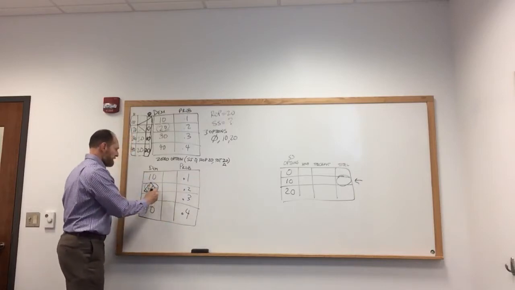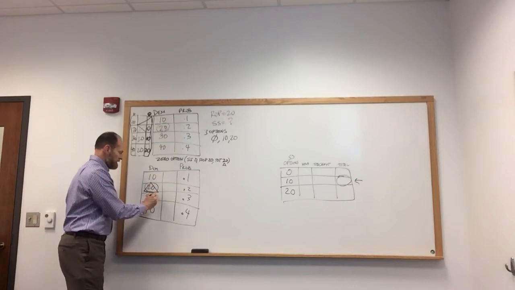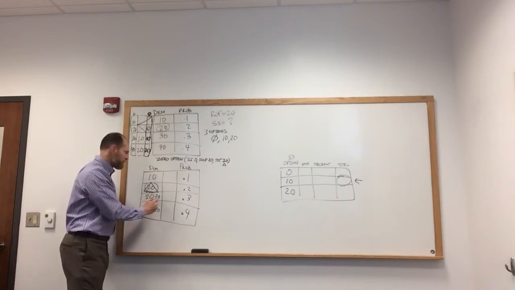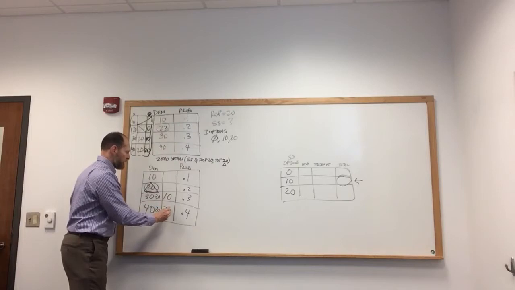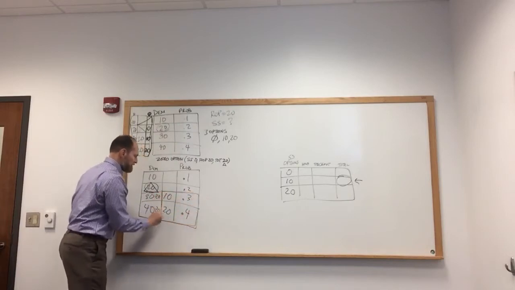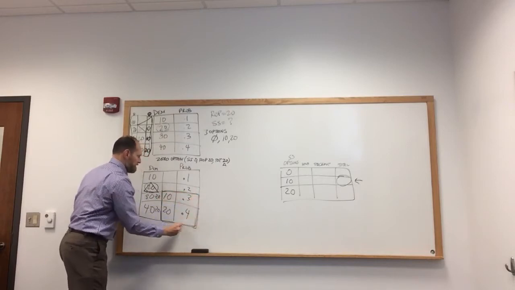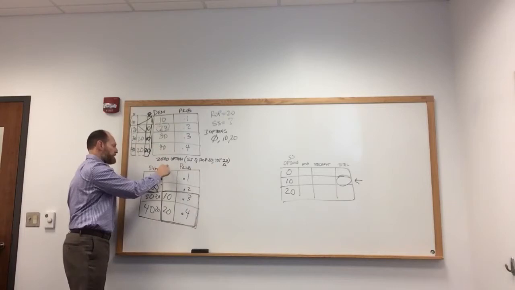Now, what we need to do with the 20 is drop it down, our triangle, here and here. When we drop that down, 30 minus 20 is 10, 40 minus 20 is 20. And these are the two scenarios we need to be concerned about if we choose the 0 option.